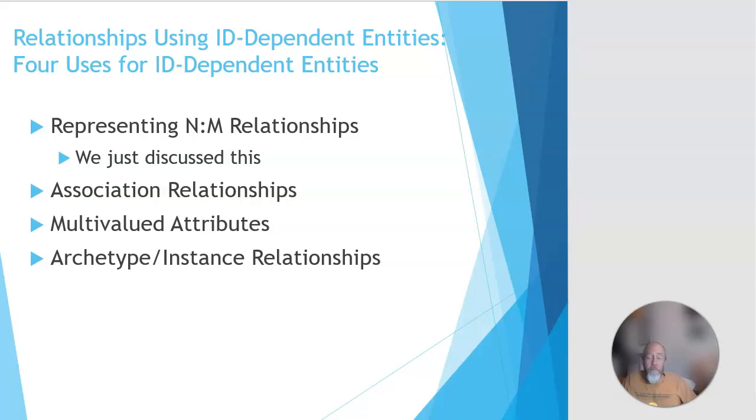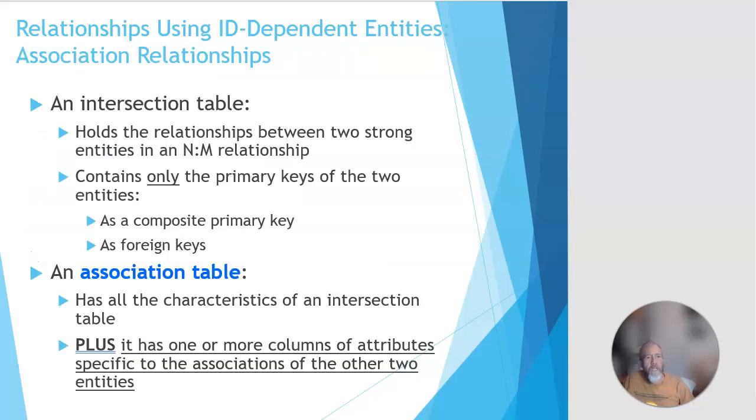And the intersection table, the relational table, can also contain other information that helps define the relationship. So the real thing that you're doing this design on is the cardinality, that many-to-many relationship that you have there. So we'll call this an association.